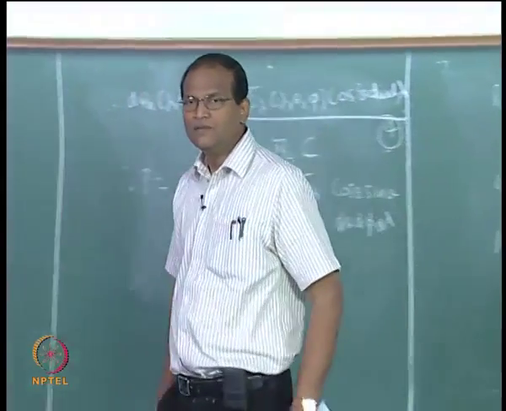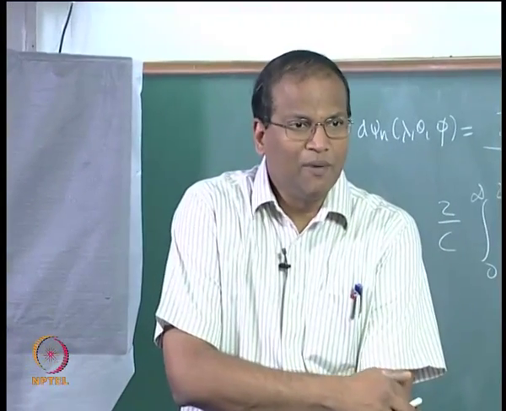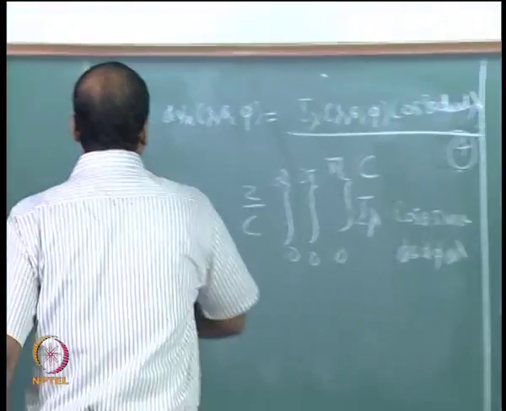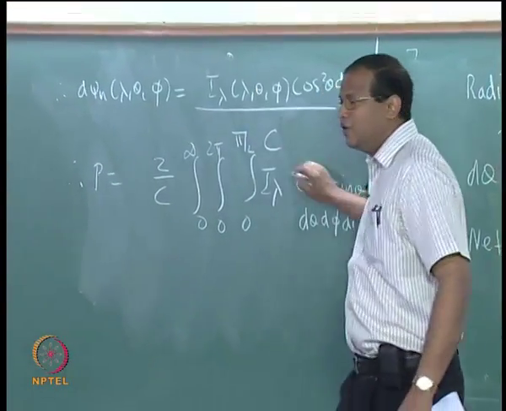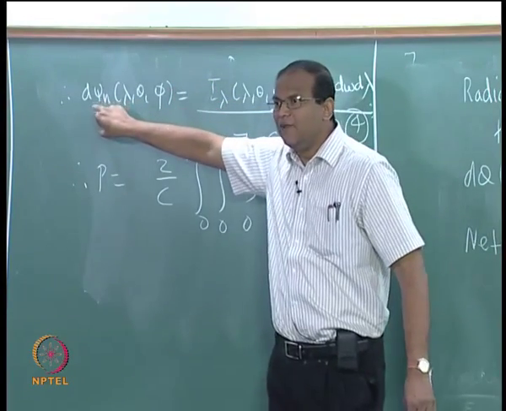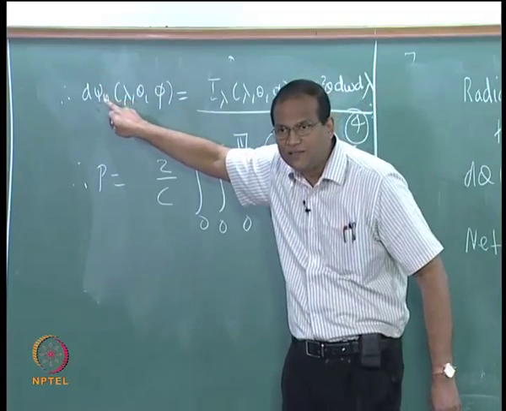What happened to the dA? dA got cancelled because I divided the radiant power by C into dA, okay. So did you follow this argument? If you have to get the net pressure, this is the elemental rate of momentum flux.